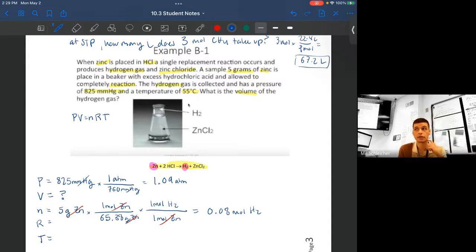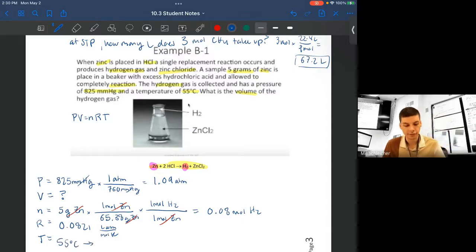Questions so far? All right. My gas law constant should be 0.0821, just like before. And then my temperature is given as 55 degrees Celsius, but I really should change that to Kelvin by adding 273, which gets me 328 Kelvin.